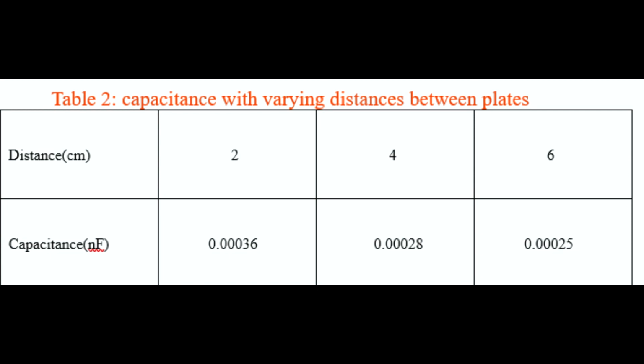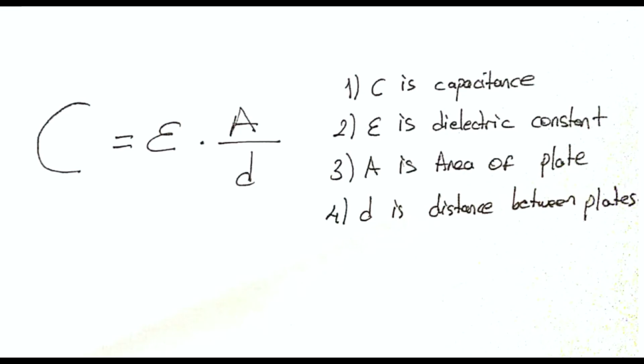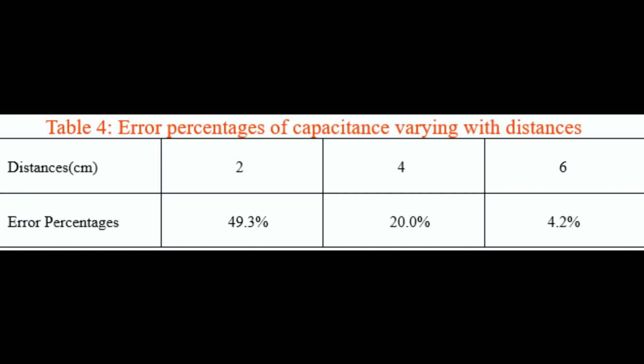And when we look at the relationship between distance and experimental capacitance, we can see that their values are actually inversely proportional. So in general, I could say that the data we obtained from the experiment is verifying this formula. Now let's look at the errors.